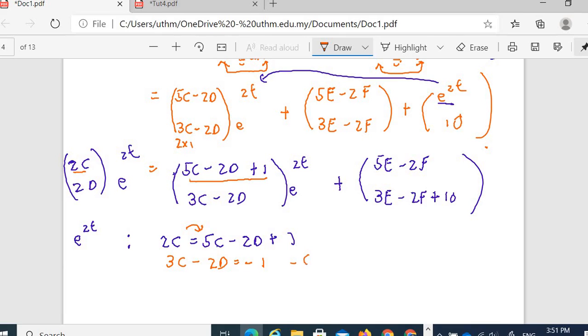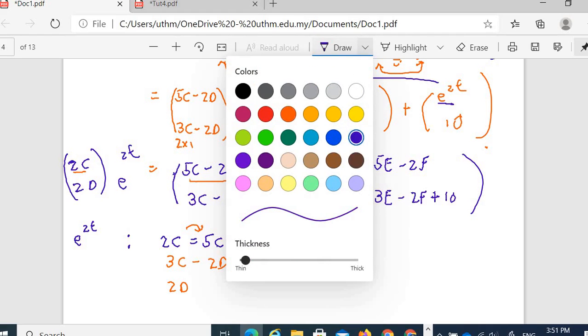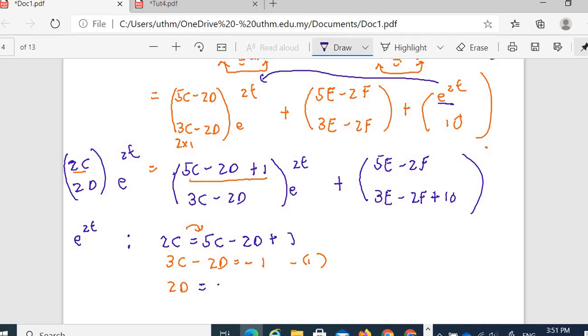This is equation 1. For exponent 2t, the second row, you have 2d equal to 3c minus 2d, so c minus 2d equals 0. This is the second equation.